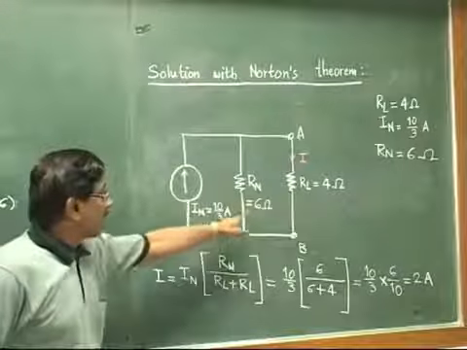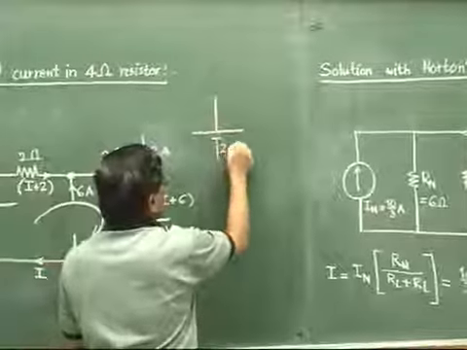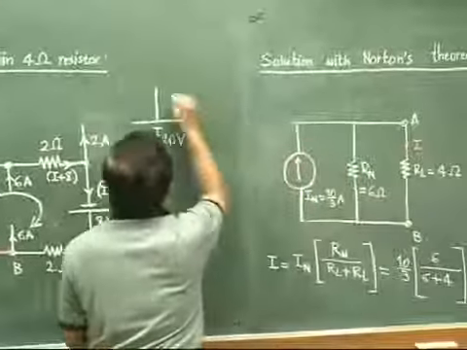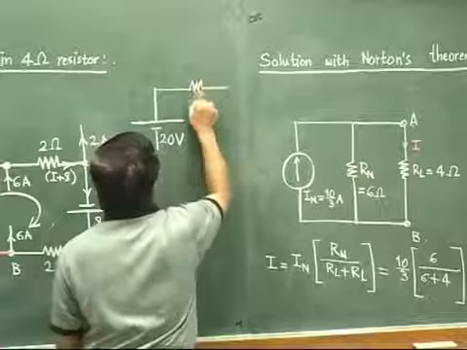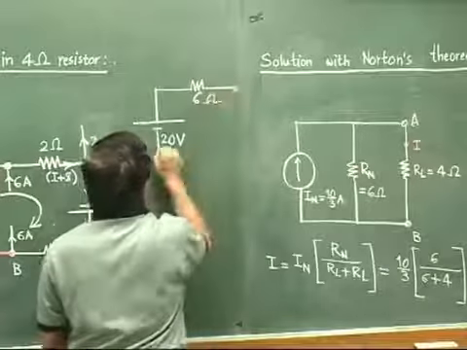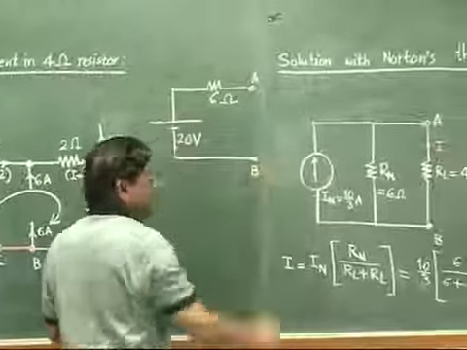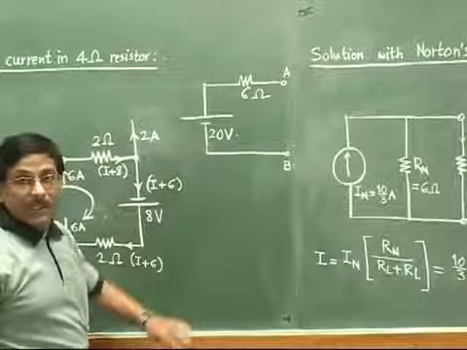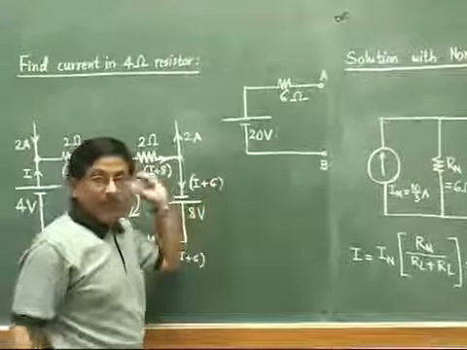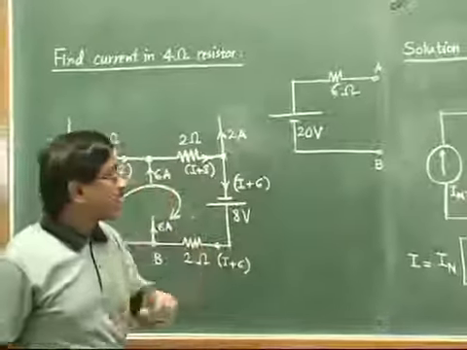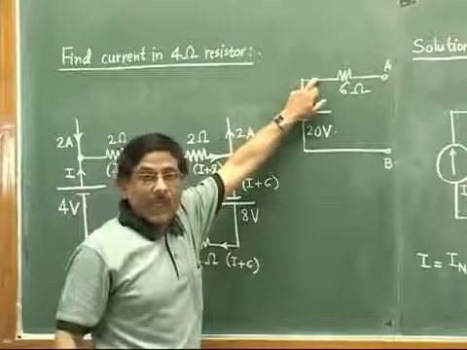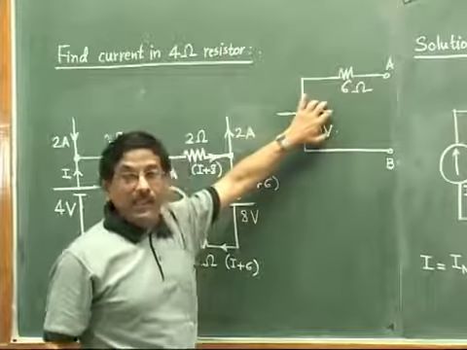That means the voltage source will be 20 volt, and the same resistor of 6 ohm will be in series. So this should be the equivalent circuit as obtained from Thevenin's theorem. And you can cross-check, while solving the same problem with Thevenin's theorem, we got this circuit as the Thevenin's equivalent circuit.